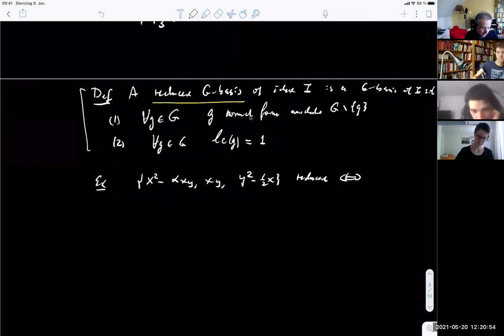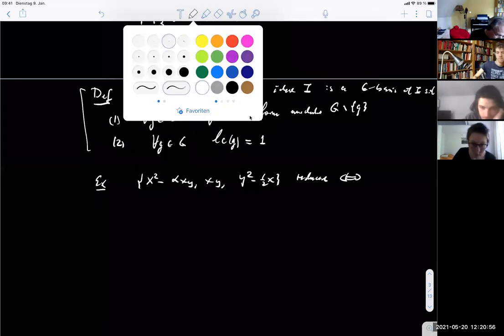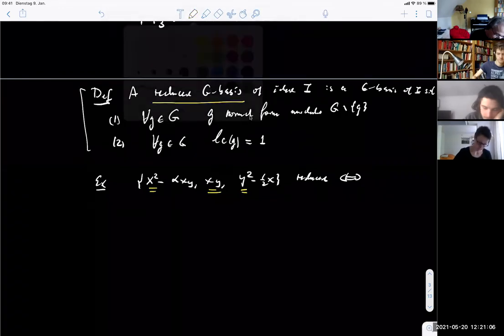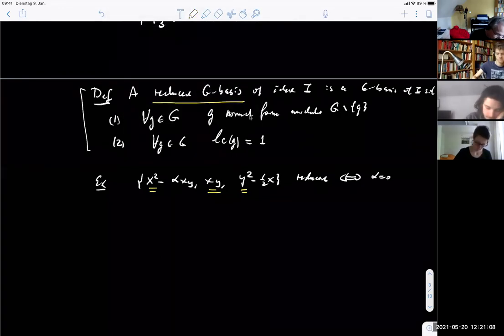Leading terms, again, I assume graded lexicographic ordering. If and only if alpha equals 0. Because this guy, of course, I can reduce modulo the others. But if this is gone, there is no way to reduce.